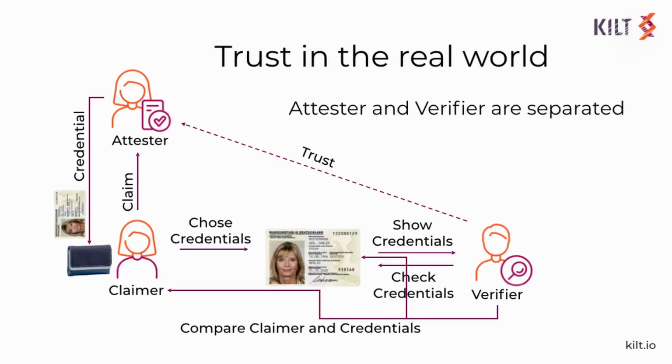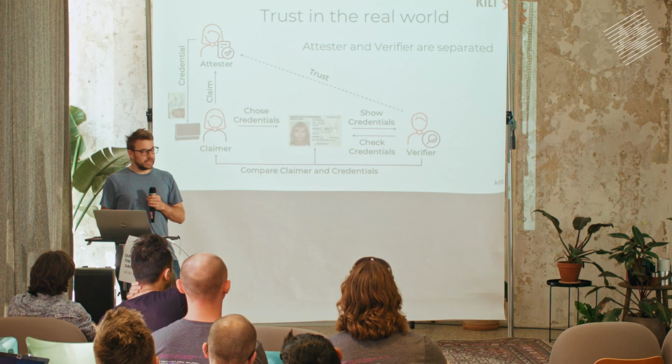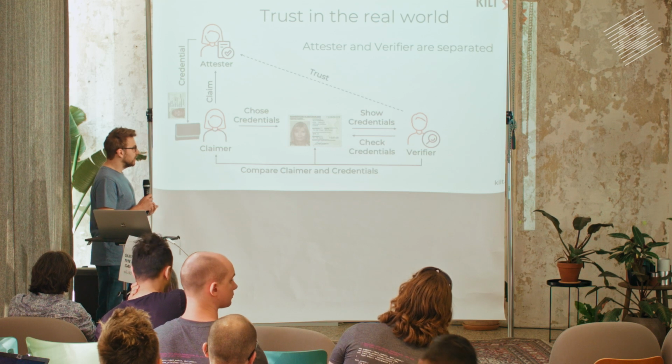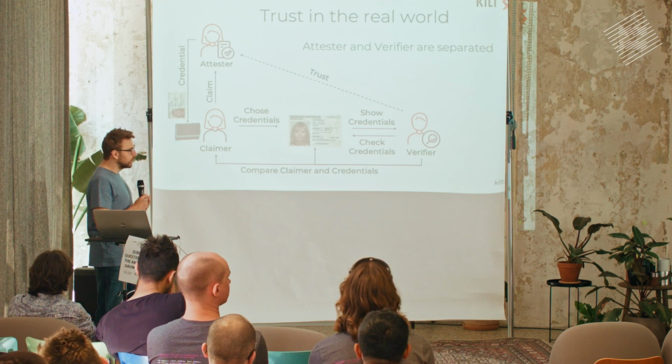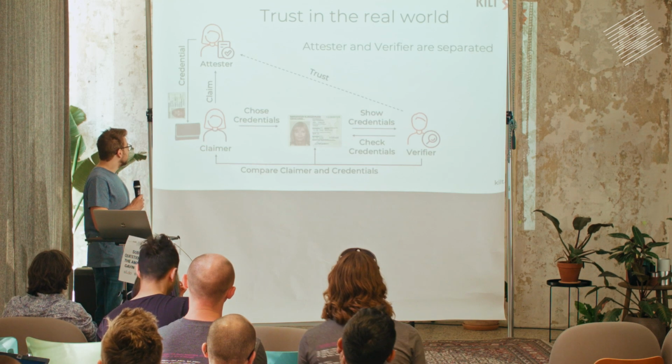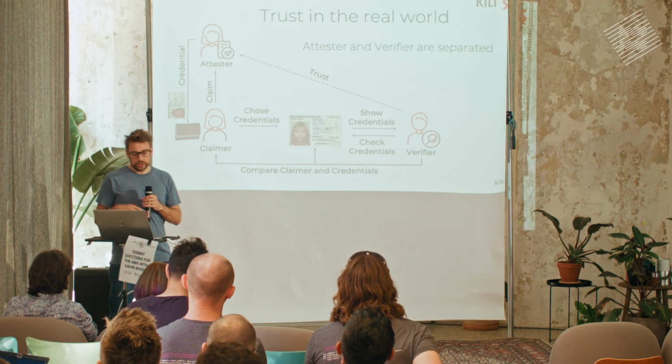This is quite extraordinary because this problem was already solved hundreds of years ago. You can create claims about yourself and get these claims attested by trusted entities called attesters, and these attesters issue a credential for you.